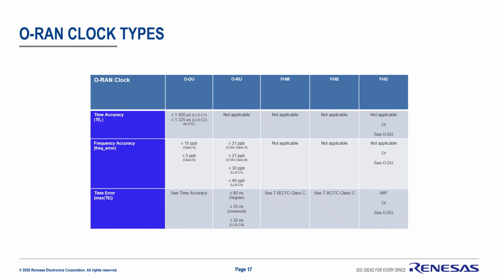You may also see a front haul gateway being introduced, and this is basically bridging traditional or existing networks onto the new 5G O-RAN networks. And again, a lot of times here, the front haul gateway may be acting as a distribution unit, so effectively it may be using much of the same characteristics and clock types as the ODU, for the timing accuracies and frequency accuracies.